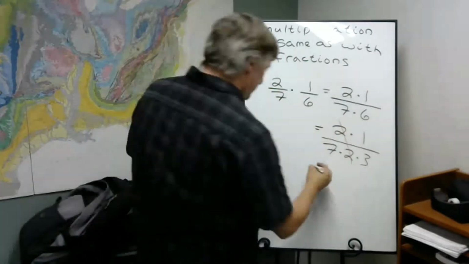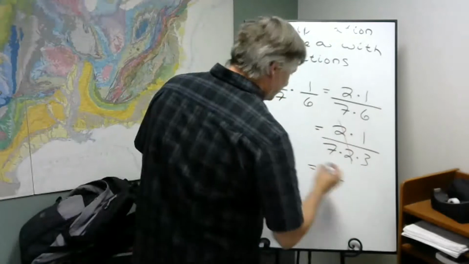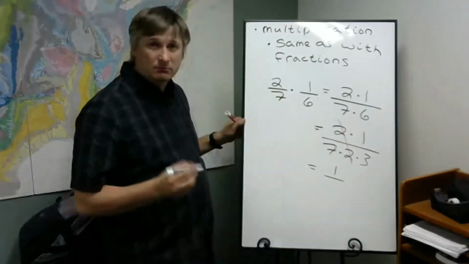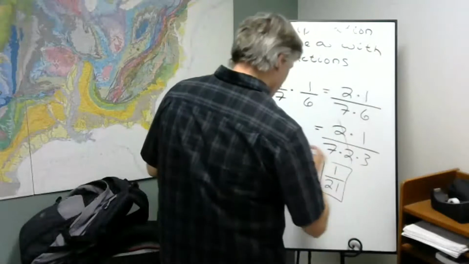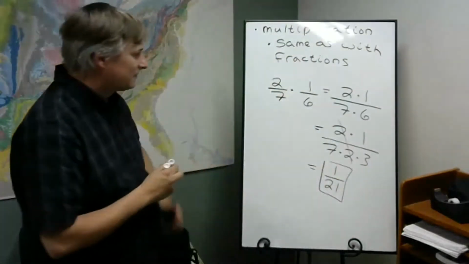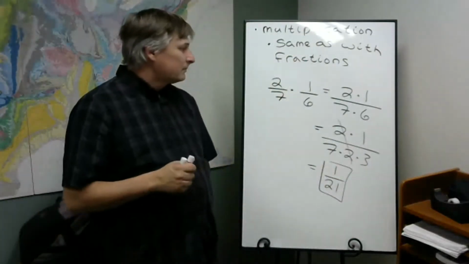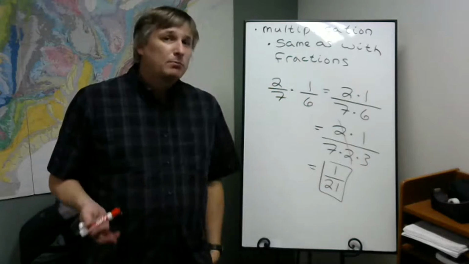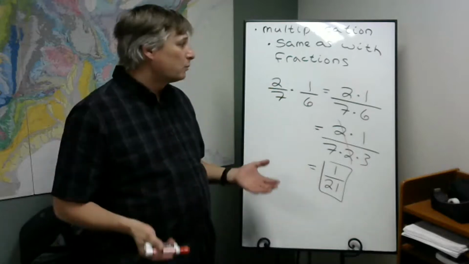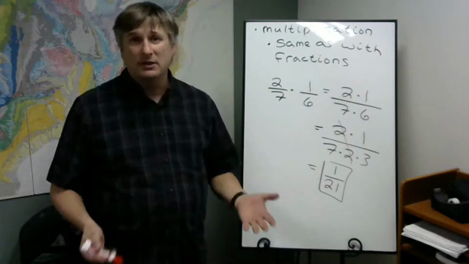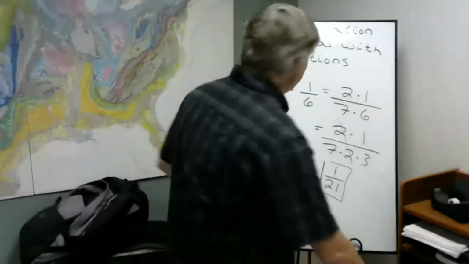And so what you'll be left with is 1 over, and then 7 times 3 is 21. So the same tricks we use for multiplying fractions or managing fractions as we multiply them, we're going to use the same thing with these rational functions.